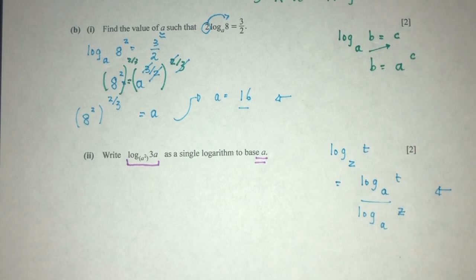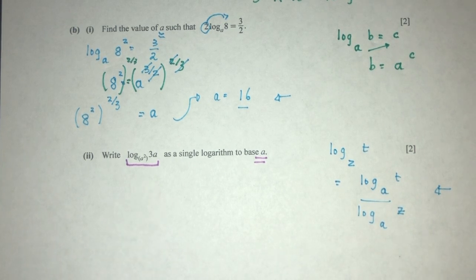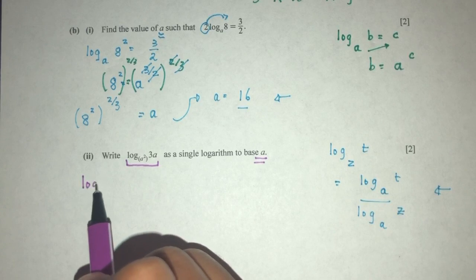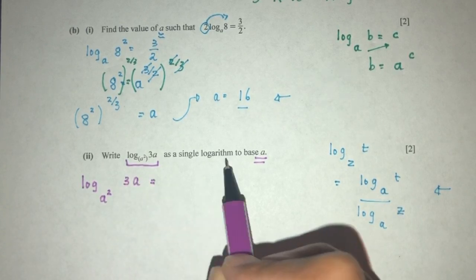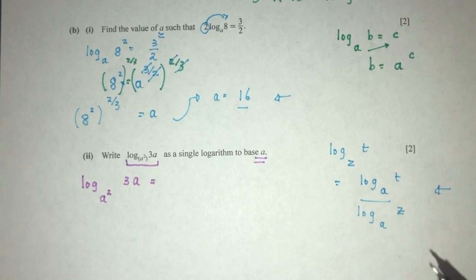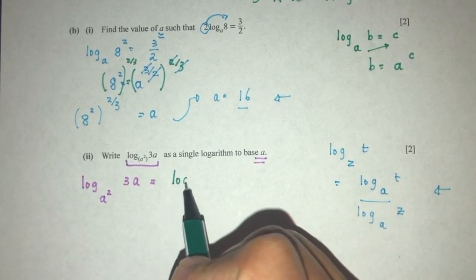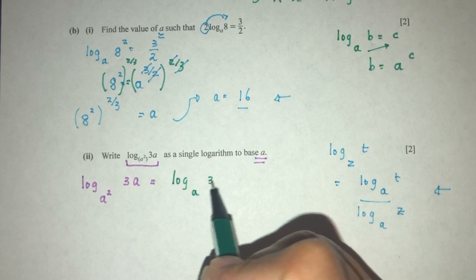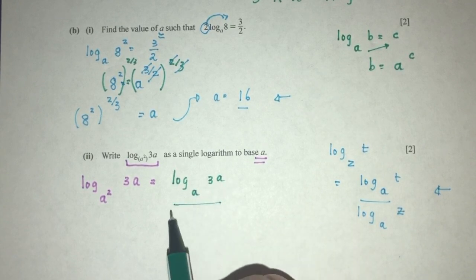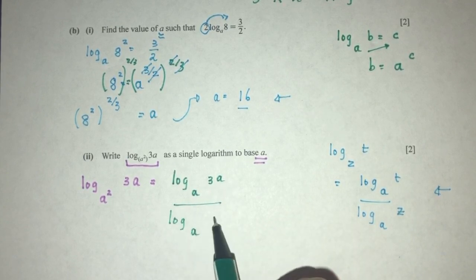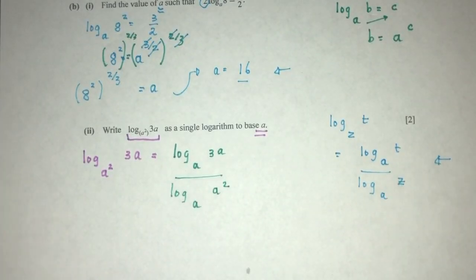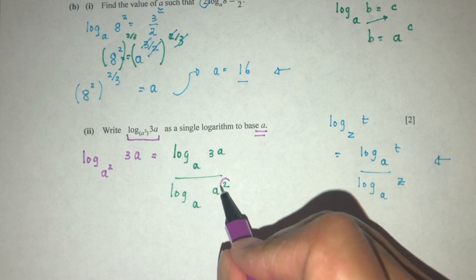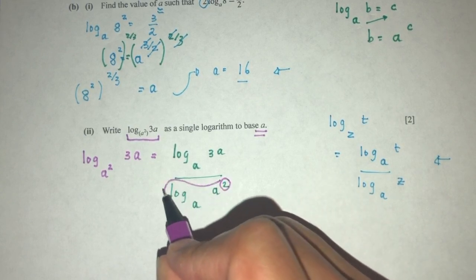Same idea here. Let's change that. Right here we have log base a squared and then 3a. So we can have log base a of 3a, and here we have log base a of a squared. Now we understand by the laws of logarithms, we can send this power here to the beginning, right?